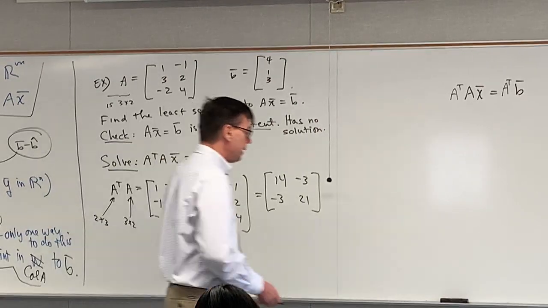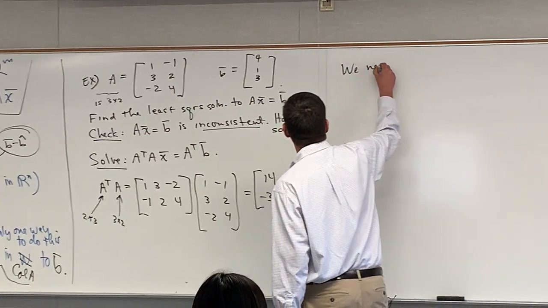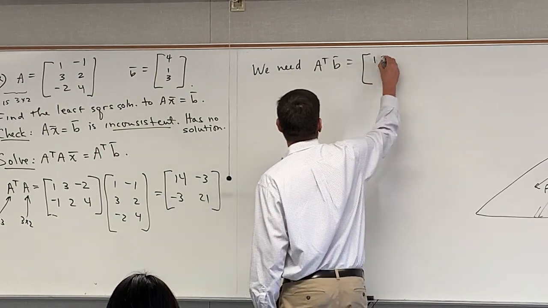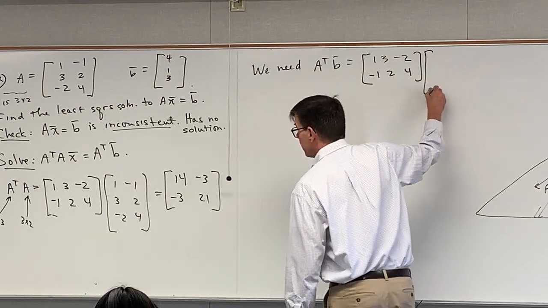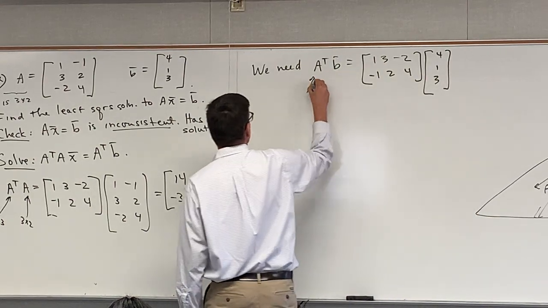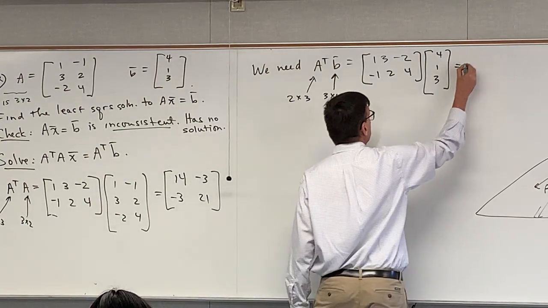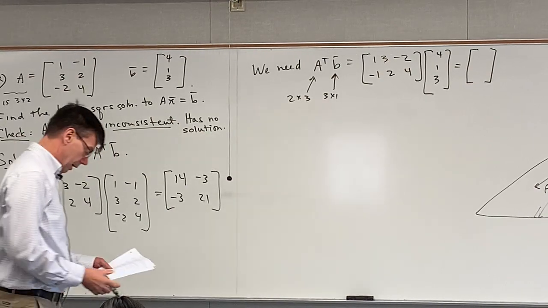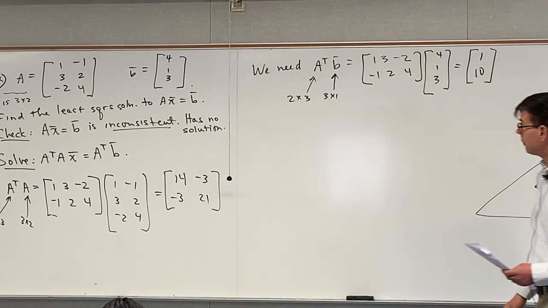And we also need A transpose B. Notice we're just going to get a 2-entry column vector, right? I got 110.